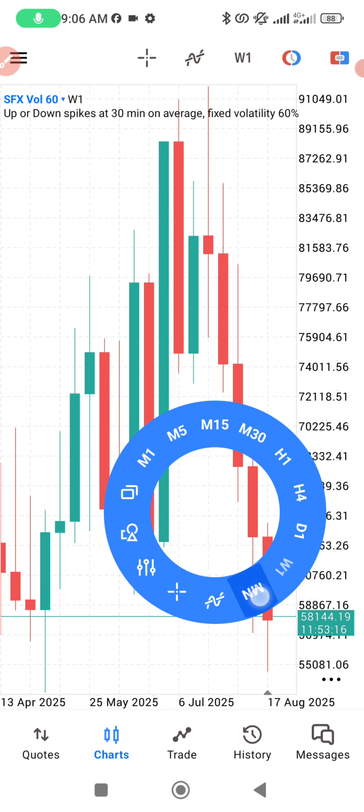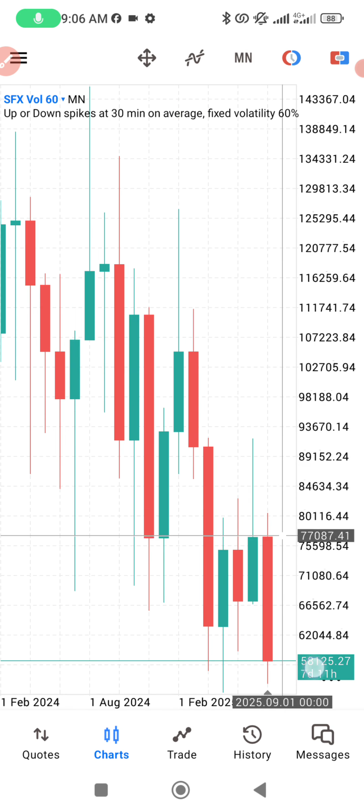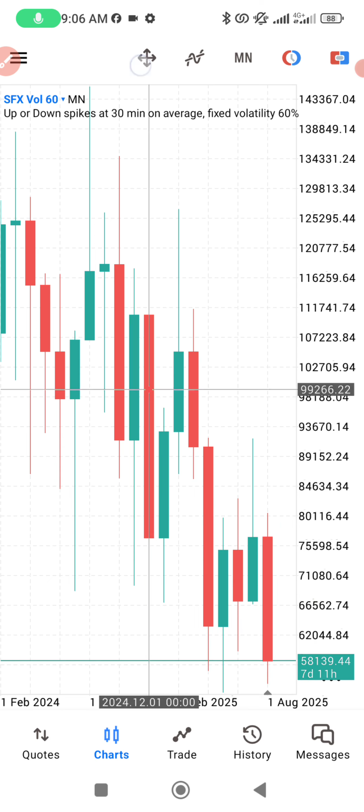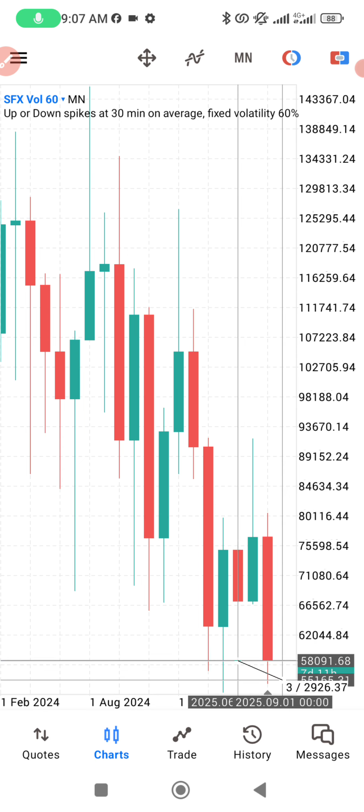Then if we go to the month and do the same measurement, we have this 3,500, and then for this side we have almost 3,000. So that is 6,500. This is the total width.